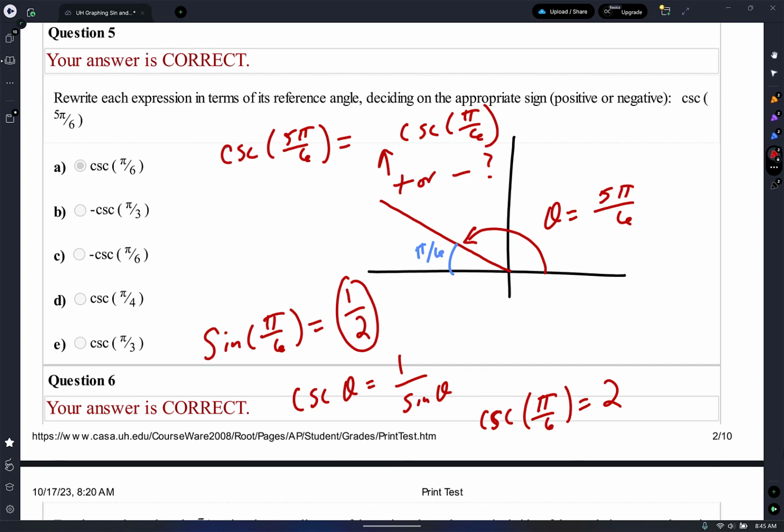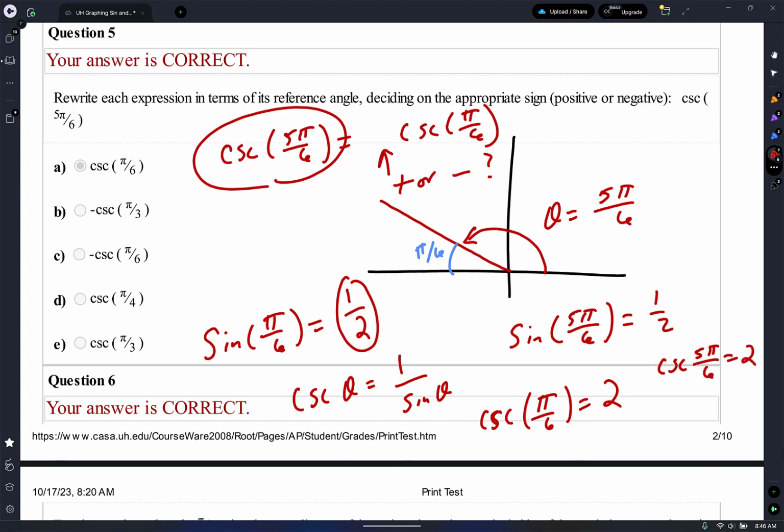Okay, now check it out. Ready? If we were taking a unit circle quiz and I asked what is sine of 5 pi over 6, you would also tell me a half. So if I say what is cosecant of 5 pi over 6, you're going to tell me 2. Cosecant of pi over 6 is 2. Cosecant of 5 pi over 6 is also 2. Are they the same?